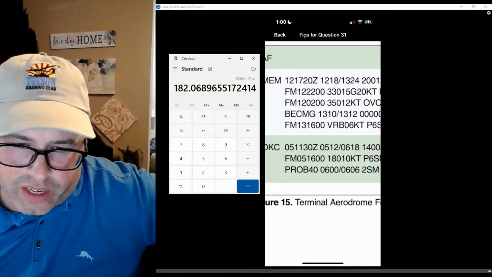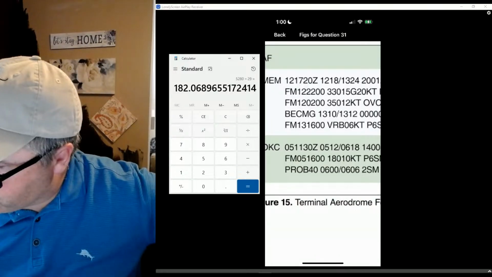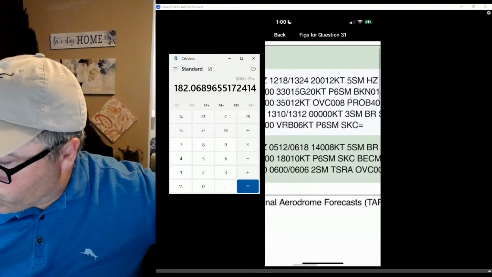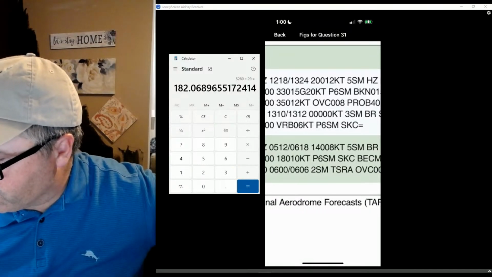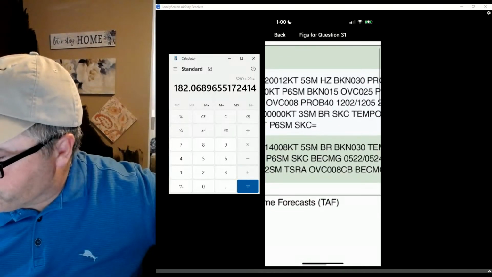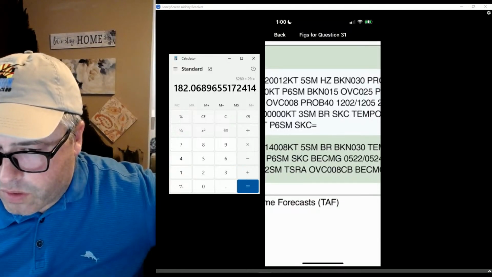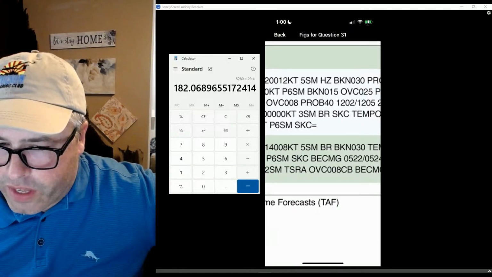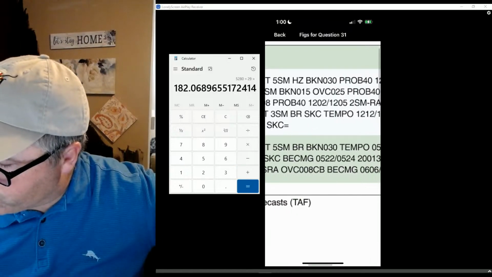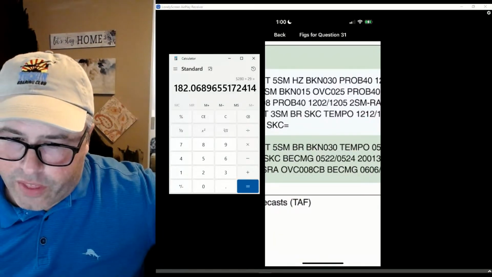They even tell you 10 knots. We've got P for plus 6 statute miles visibility. Skies are going to be clear, and then it's becoming from the 5th at 2200 hours to the 5th at 2400 hours.